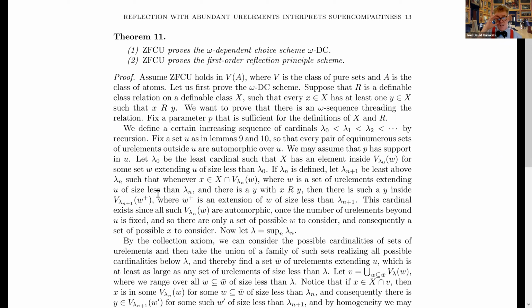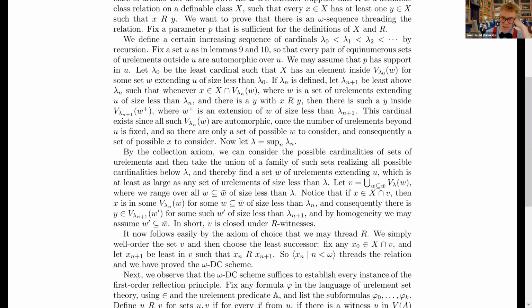So if you iterate that omega many times and take the supremum, then you can find your transitive set V, which is going to be closed under R witnesses. So every x in V is going to have a y in V, so that x R y. But now using the axiom of choice, we can well order this set V, and then we can find the omega threading by just picking the least one.